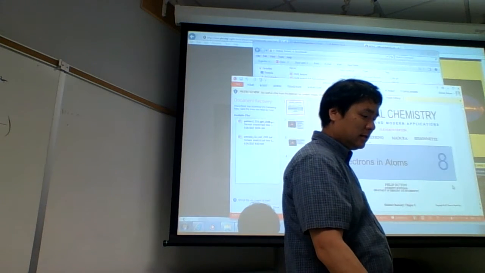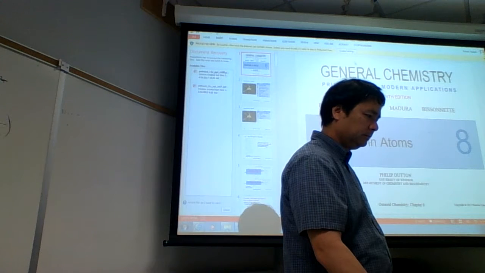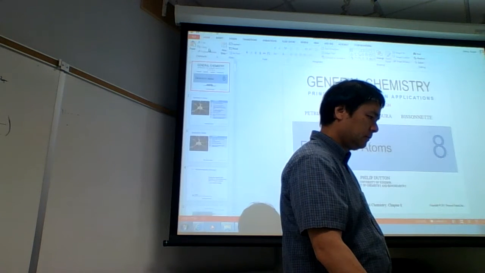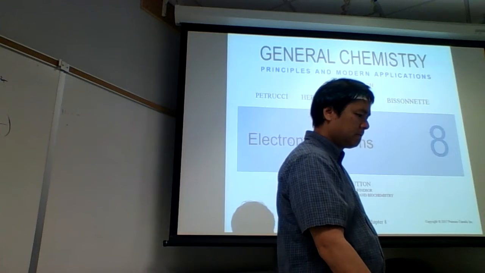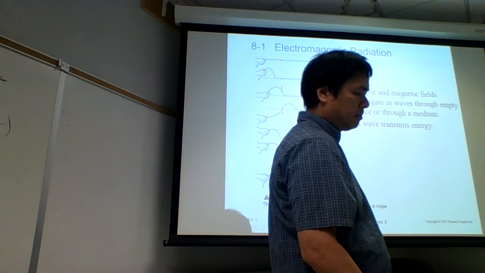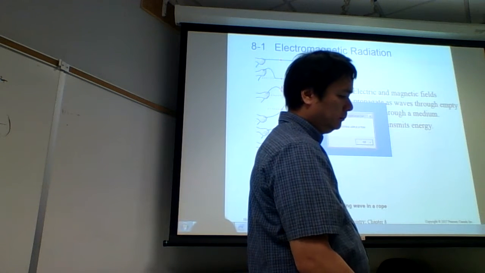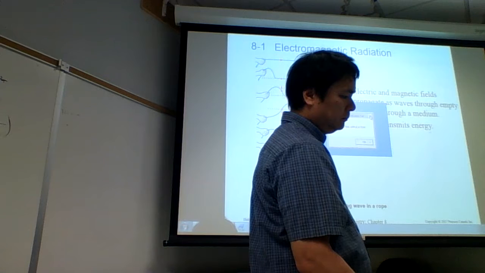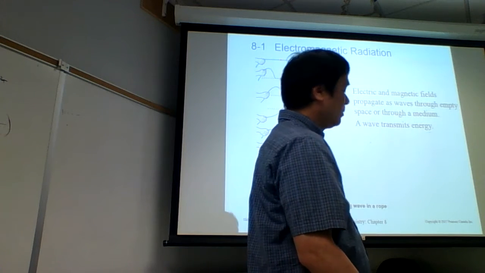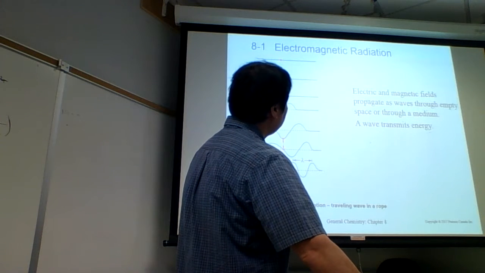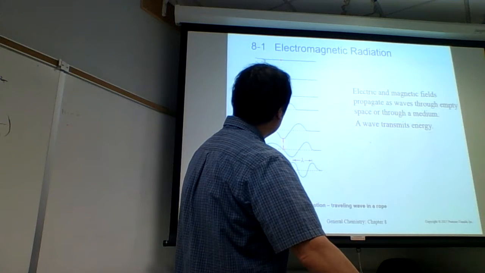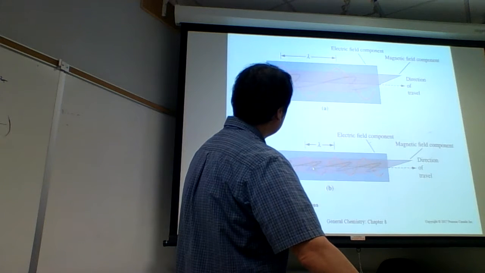And so what does light consist of? Essentially waves, but not like these string waves, this kind of wave, these traveling waves.